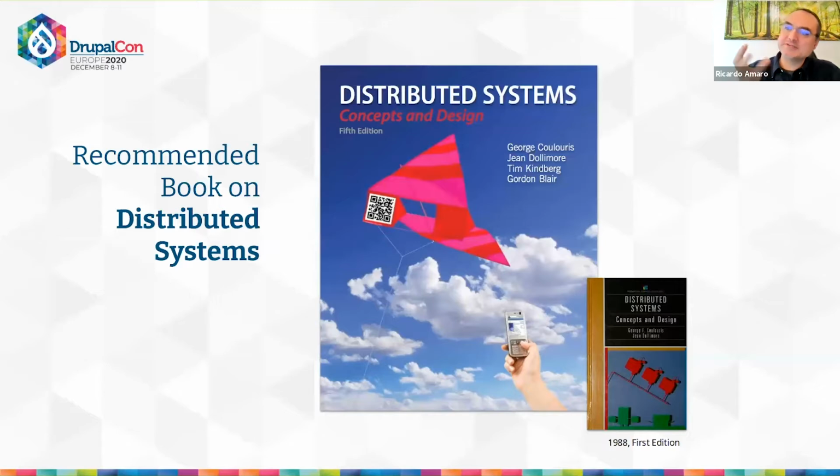For this intrinsic relation, I invite you all to read a great book, Distributed Systems: Concepts and Design. It was long before Kubernetes, or even before the internet as we know it today. In 1988, George Coulouris from the University of Cambridge published the first edition of this book. And the challenges mentioned here are similar to the ones we face today.